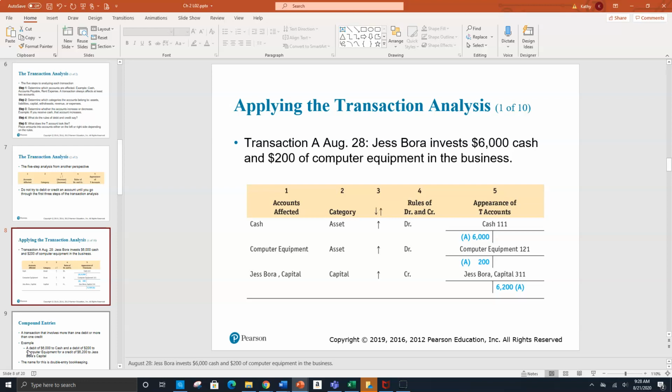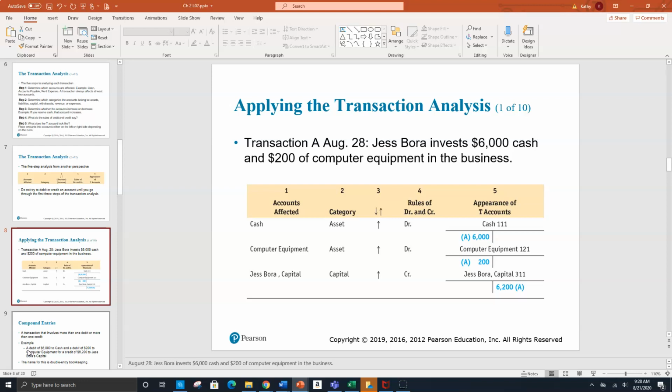Like I said, you need to know what accounts belong to what category. It's so important. It's got to be something second nature that you're doing. So memorize and learn what asset accounts look like, what capital accounts look like, what liability accounts look like.